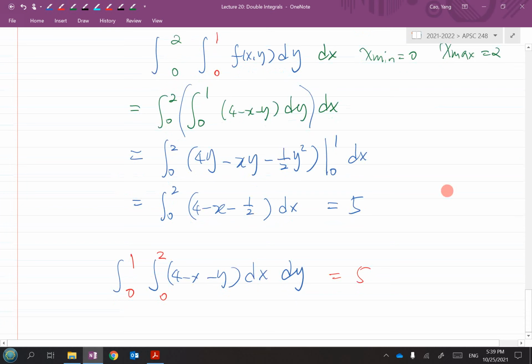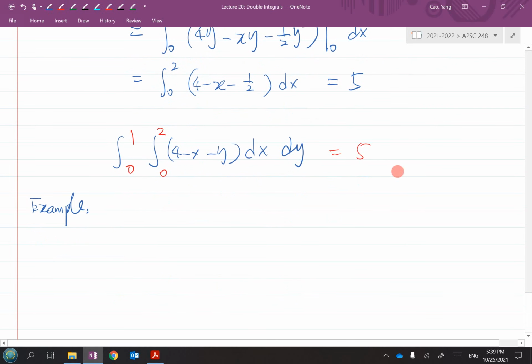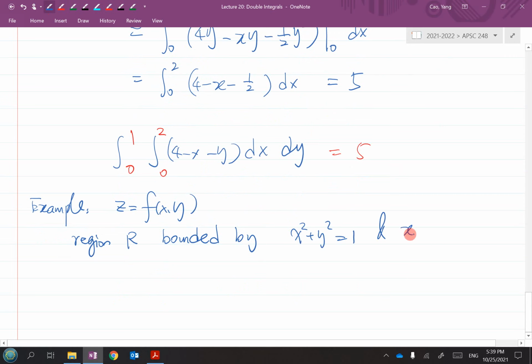So now let's take a look at a relatively general case, without specifying what function we're dealing with, but focusing more on the region R. So region R is bounded by x squared plus y squared equal to 1 and x plus y equal to 1.